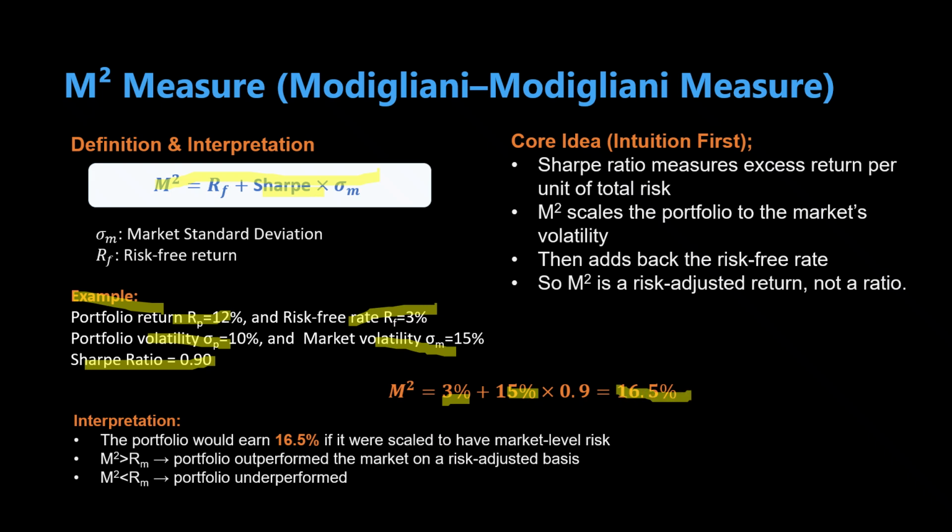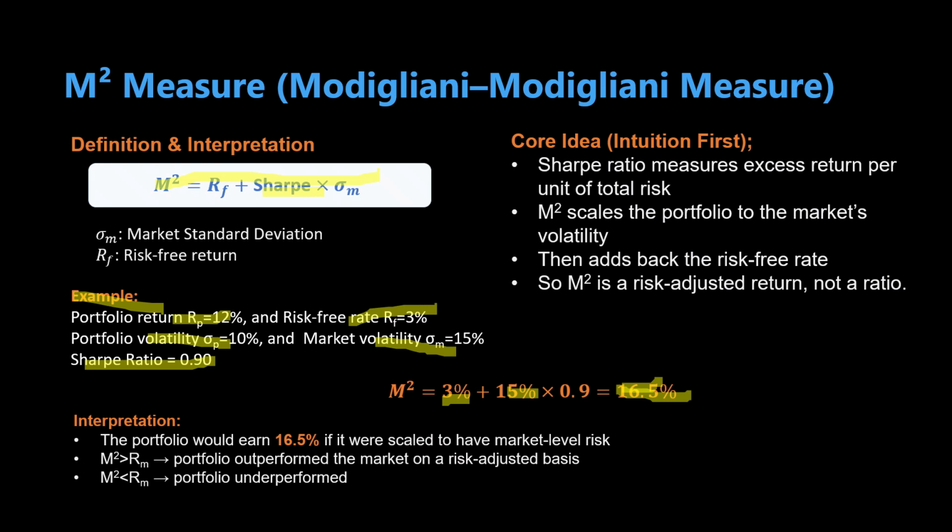The interpretation is that if this portfolio were leveraged or deleveraged to match the market's volatility, it would earn 16.5%, which is above the market return of 15%. So the portfolio outperformed on a risk-adjusted basis. If M squared exceeds the market return, you outperform the market, and if it is below the market return, you have simply underperformed.